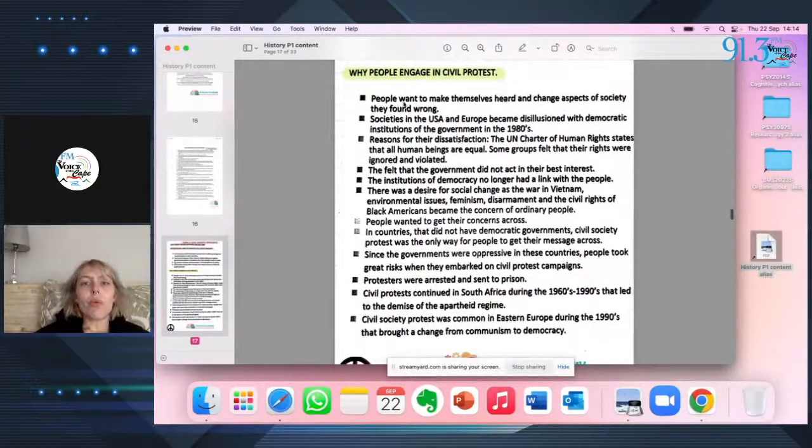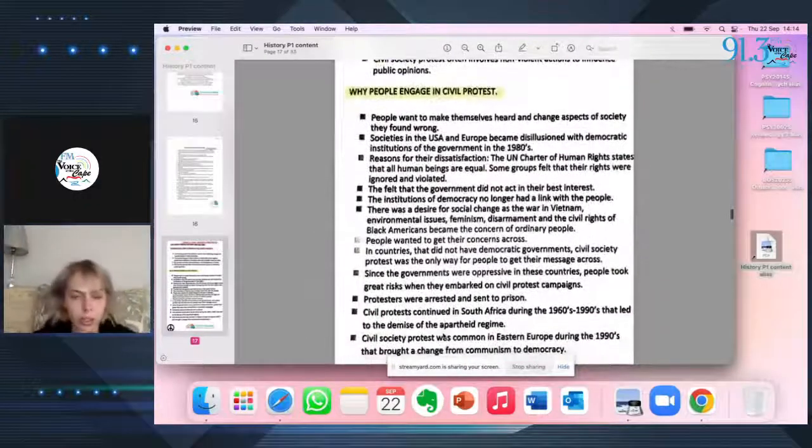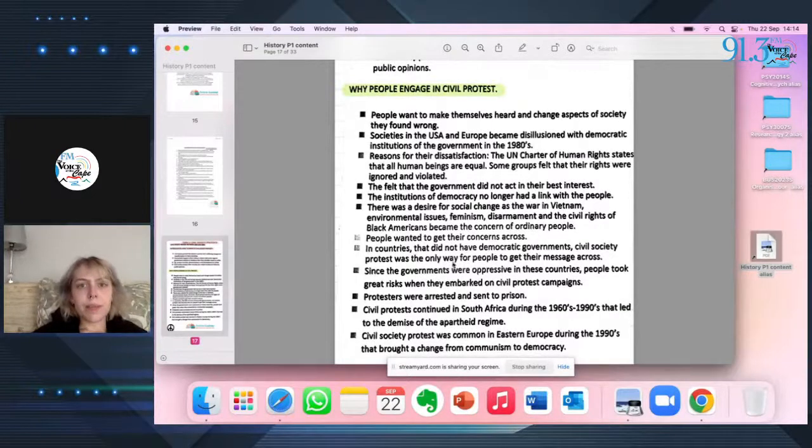Okay, so why people engage in civil protest, and the background to it before we get into the US civil rights movement. People want to make themselves heard and change aspects of society they found wrong. Societies in the USA and Europe became disillusioned with democratic institutions of government in the 1980s, so they were dissatisfied. The reasons for their dissatisfaction: the UN Charter of Human Rights states that all human beings are equal.